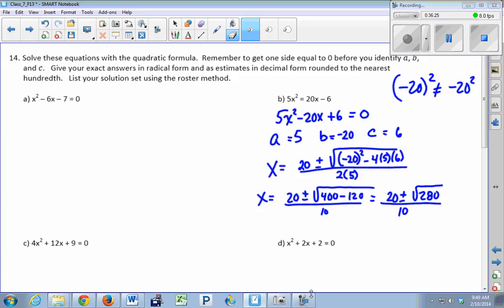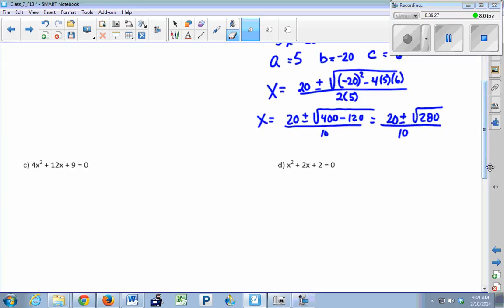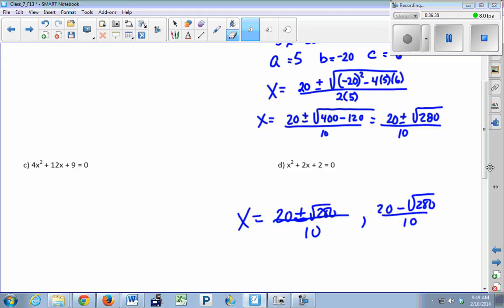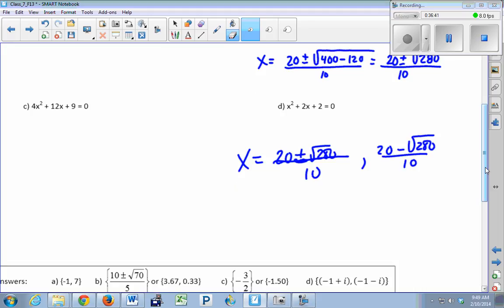So here are my two answers right here. X equals 20 plus the square root of 280 all over 10, and 20 minus the square root of 280 all over 10. But I'm not done. If you wrote it like that, you get it marked wrong because you have to simplify that. 4 goes in there.